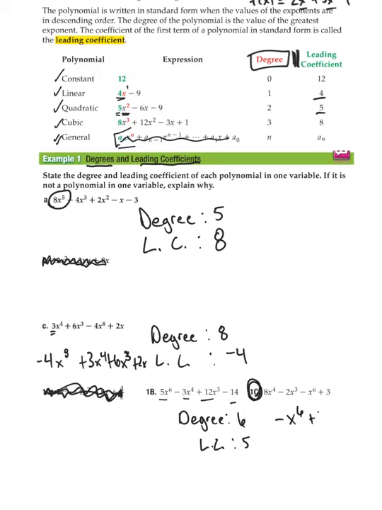So 8x to the fourth, negative 2x cubed, and 3. Once it's in standard form, it's easy to identify the degree, 6, and the leading coefficient. What is it in front of? Negative x, well, that's a negative 1.